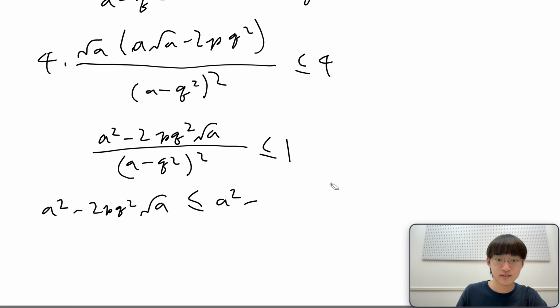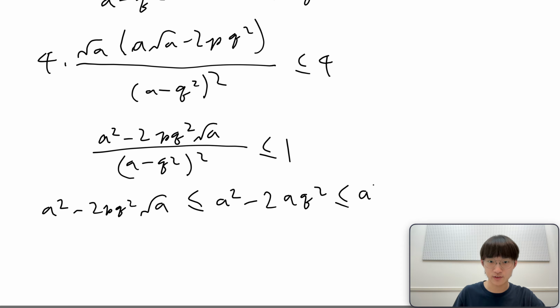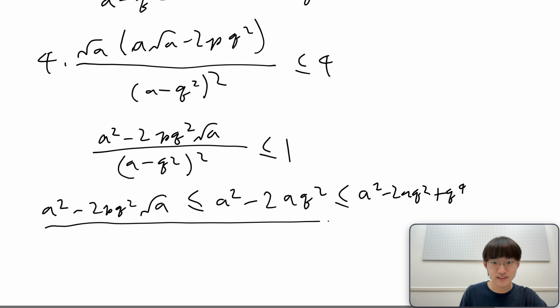Sorry. If we prove that this is less than or equal to 2aq squared, then obviously this will be less than 2 minus 2aq squared plus q to the power of 4, and thus this thing will be less than or equal to 1. So we just need to prove pq squared root a is less than or equal to 2aq squared.